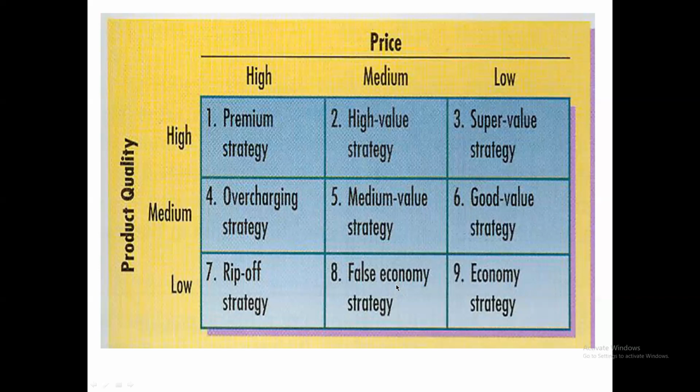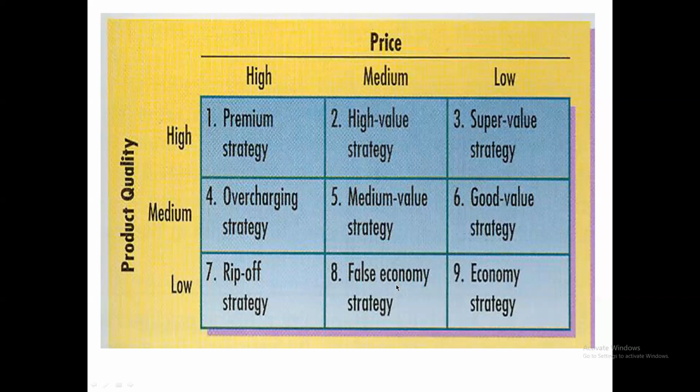Then comes, if the quality is medium, but the price is high, we are overcharging the customers. That is the overcharging strategy. Then if the quality is medium and the price is also medium, that is the medium value strategy. That is in between the line. Then if the price is low, but the quality is medium, that is the good value strategy.